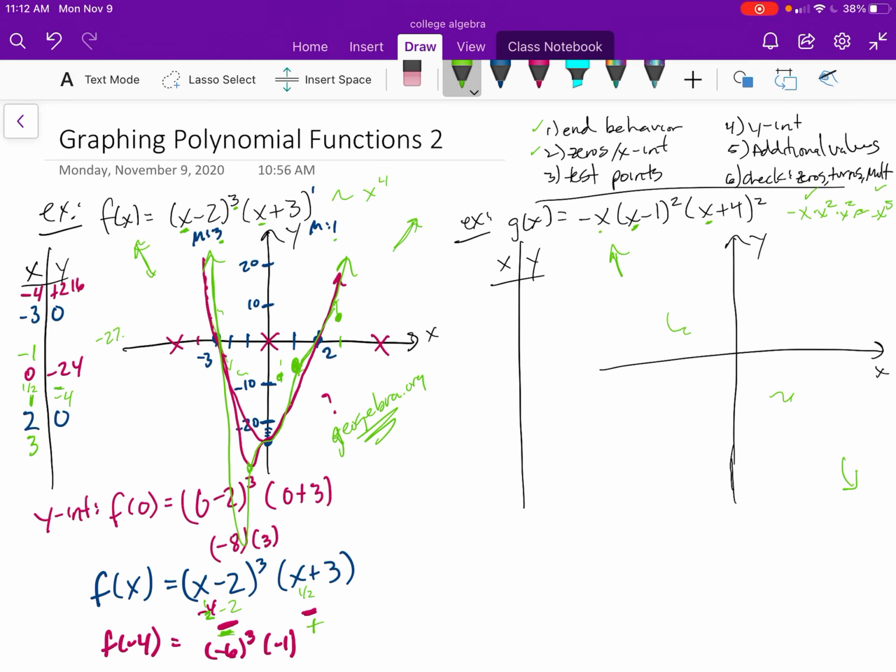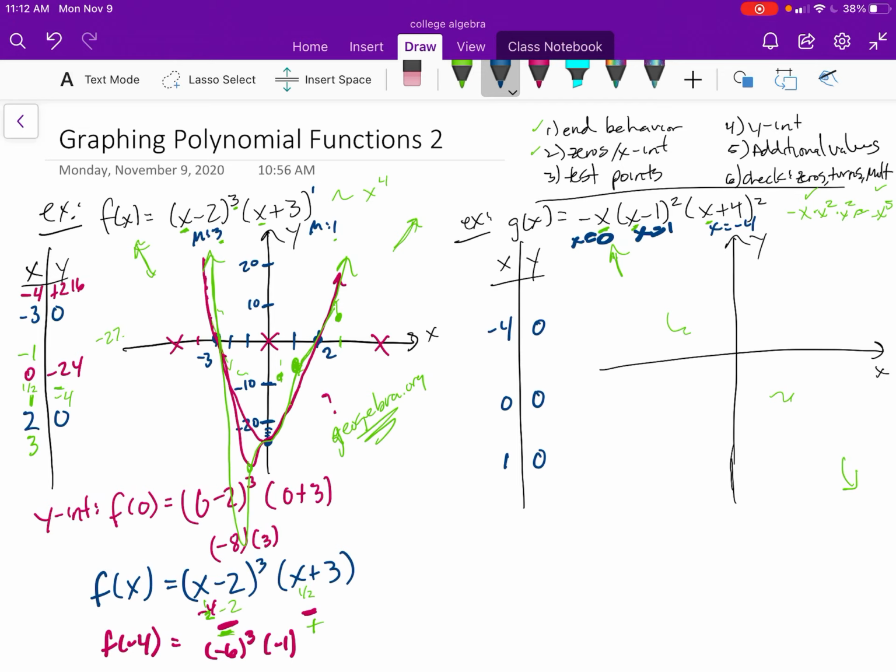The zeros. We have negative x equals 0, so x equals 0, x equals 1, and x equals negative 4. So I'm going to try to leave some room in here. Our y-intercept, we might as well do that one really quick.